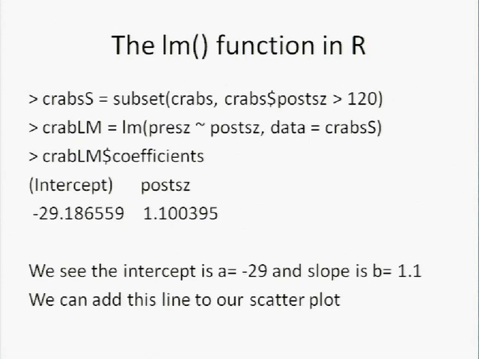Then we're going to use this function lm, which stands for linear model. We're going to call it crab_lm, equals lm, which stands for linear model, and that is a function. That tells you the pre-size is a function of the post size, and the data is crabs_s, which is our subset.